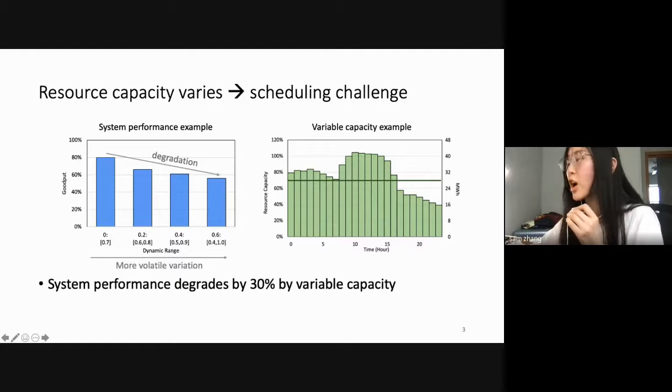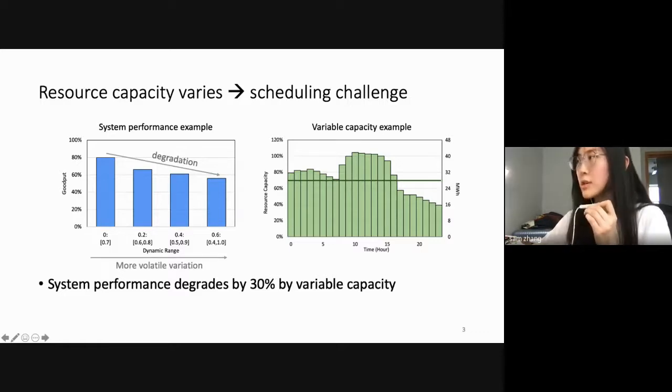If we look at one variable capacity example generated by one of the causes that we listed, the x-axis is a time series over a whole day, where each bar represents the resource capacity at a different time of day, and the horizontal line represents the fixed capacity in a traditional data center.